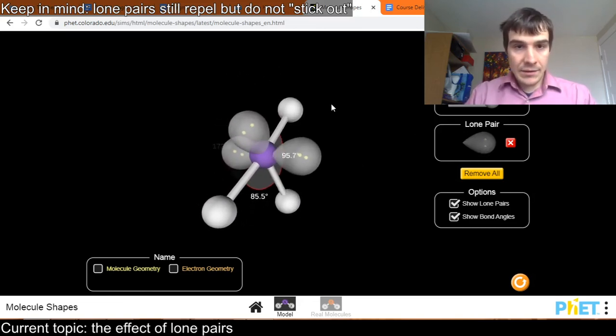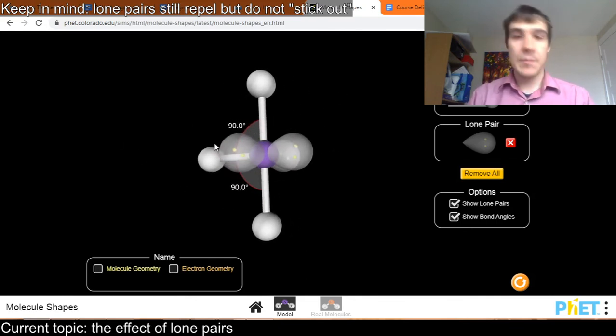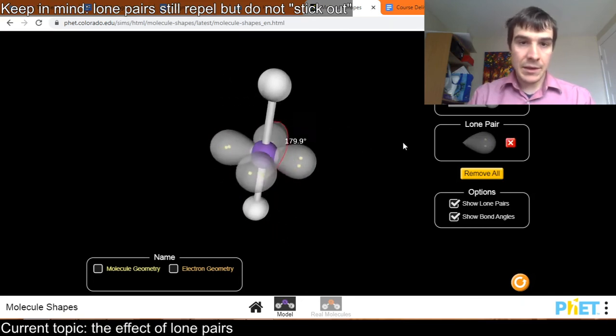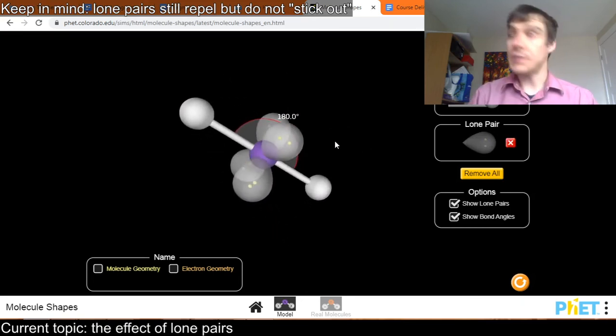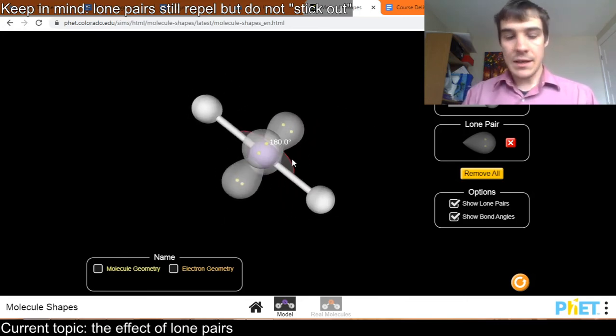Take away a bond, add another lone pair, you get that T-shape. There's that T-shape. And take away a bond, add 1 more lone pair, you see that linear shape that develops. So that's molecule shapes. Those are the effects of lone pairs.